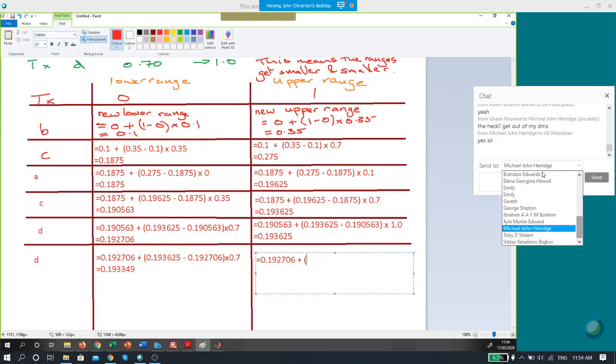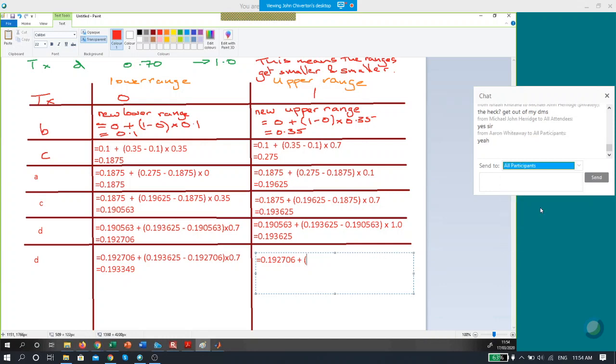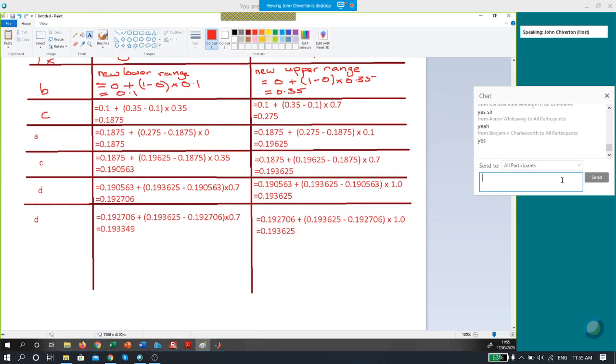And if you want to have a look, you can just check that out as well. Right, so let's concentrate. 0.193625 minus 0.192706 times 1. And that's just going to be the same as before.